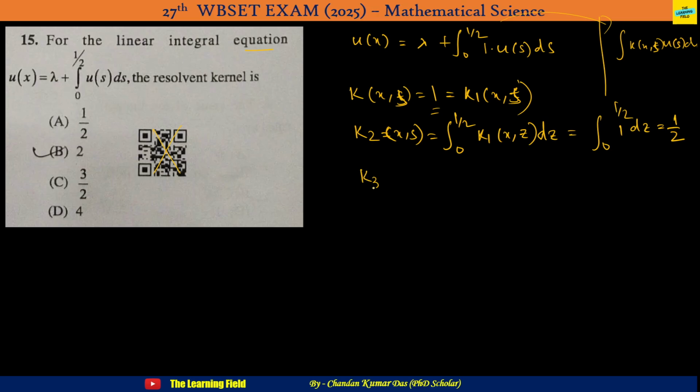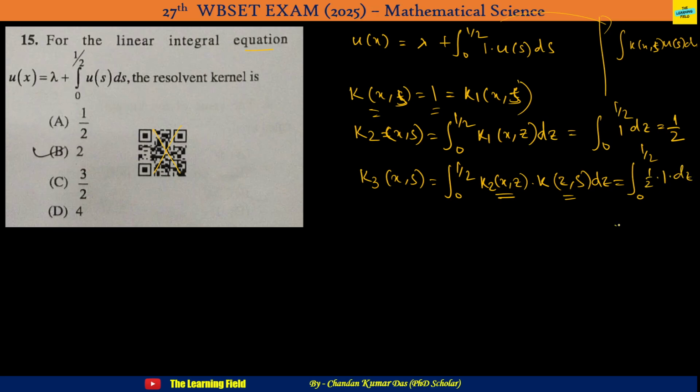Similarly, K3(x,s) equals integration 0 to half of K2(x,z) K(z,s) dz, where this value is half and this value is 1. So integration 0 to half of half into 1 dz gives 1 by 4, which is 1 by 2 square.